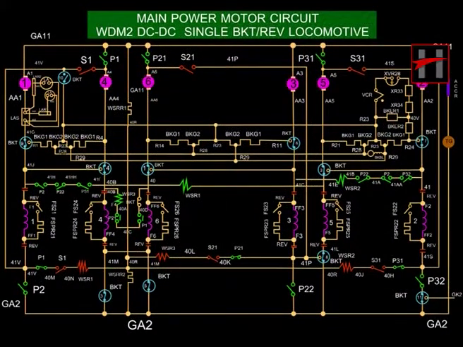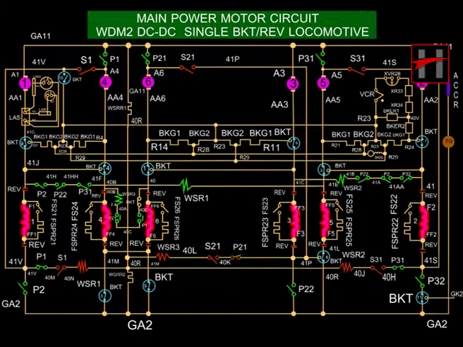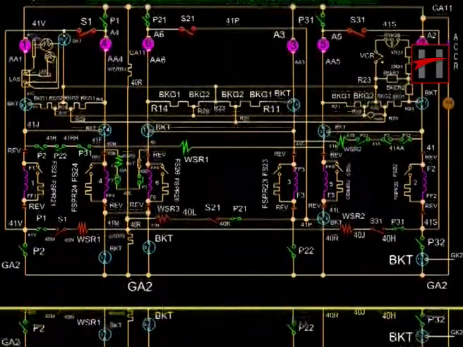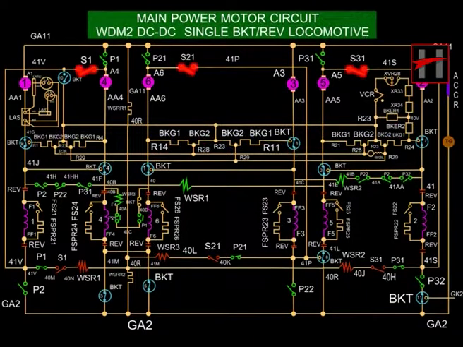In this circuit, these are the 6 traction motor armatures, and these are the respective traction motors fields. These are the 3 series power contactors.